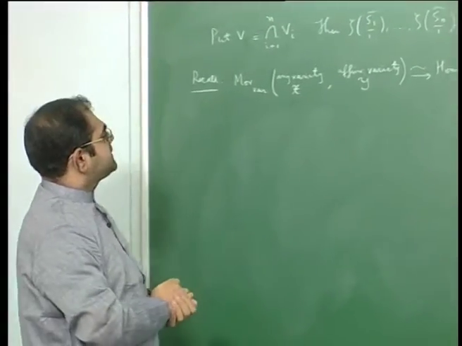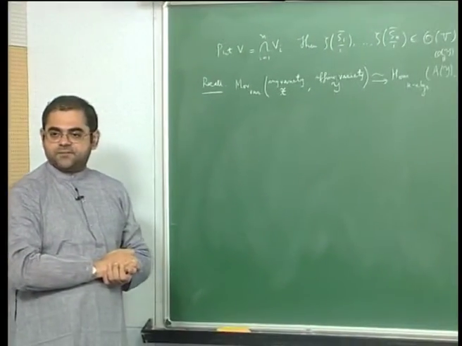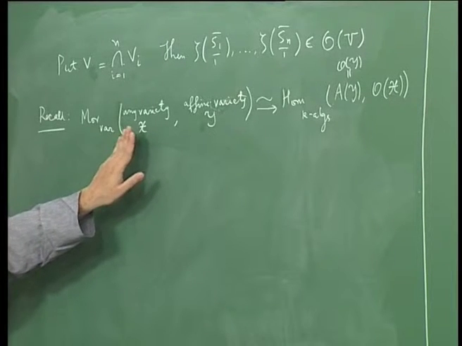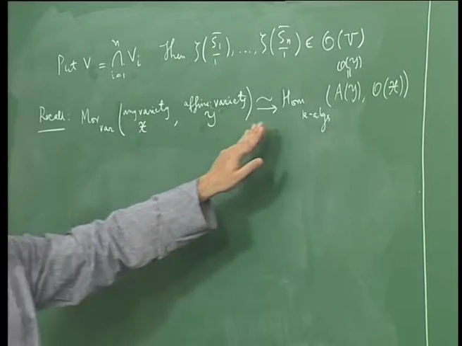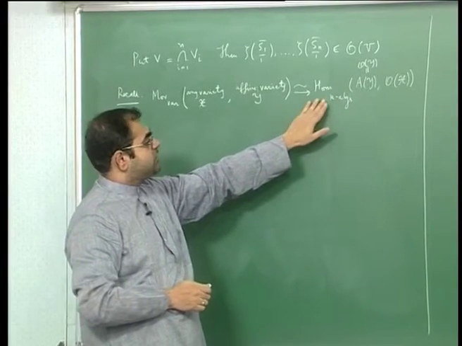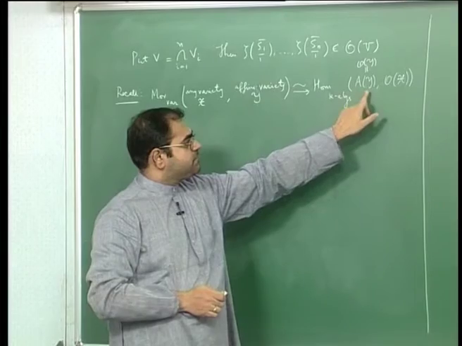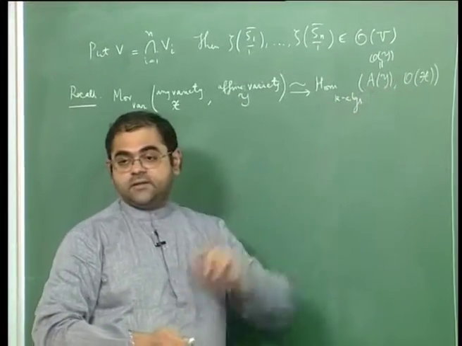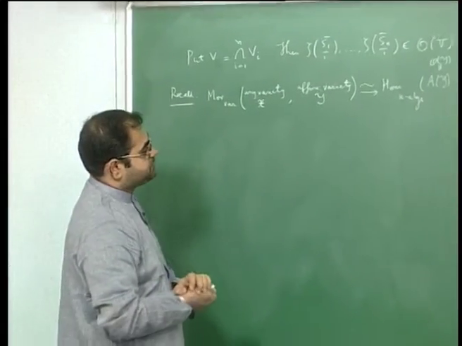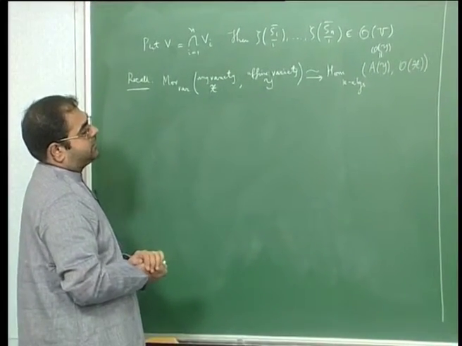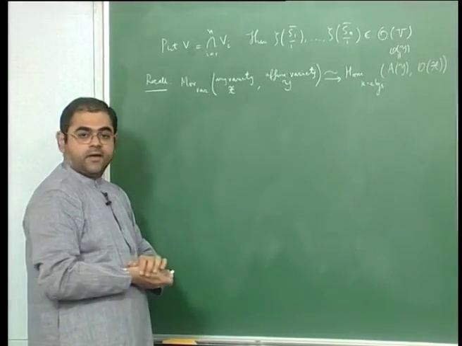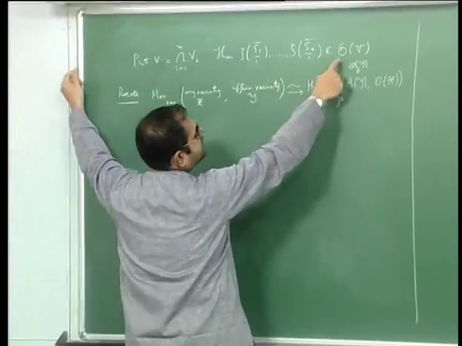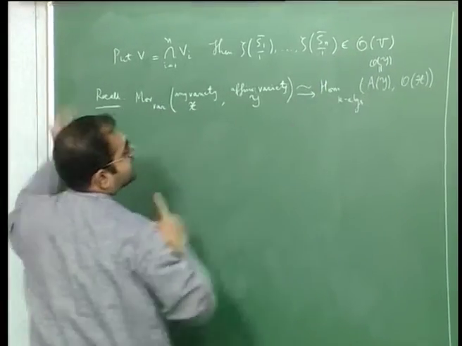We have already seen this bijection: the set of all morphisms from a variety into an affine variety is in bijective correspondence with the set of all K algebra homomorphisms from the affine coordinate ring of the target affine variety to the regular functions on the source variety. Now what do you do with these?